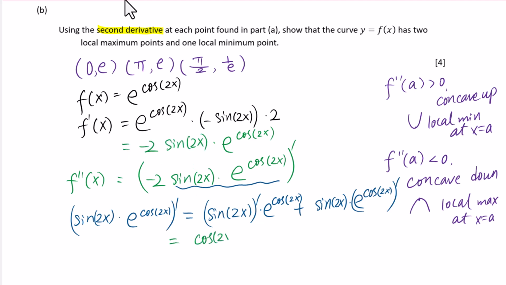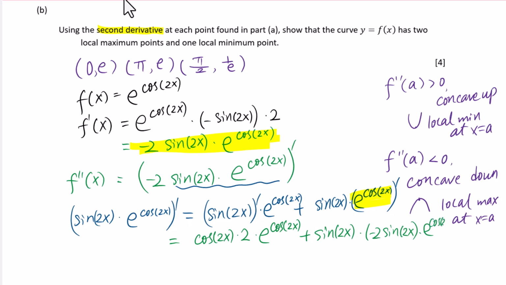Cosine 2x, do not forget chain rule, times 2 times e to the power of cosine 2x plus sine 2x. We already figured out this prime equals negative 2 sine 2x times e to the power of cosine 2x.